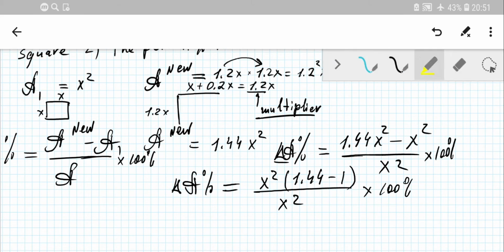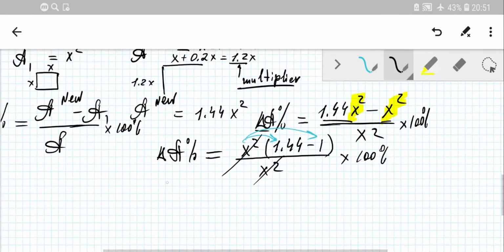Because you grabbed x squared, and if you take it away, instead of this expression you get 1.44, and instead of this x squared, it's wrong to think that you've got nothing. No, you've got 1, right? Because you can check yourself by reciprocal multiplication. If you multiply back, you'll get 1.44 x squared minus x squared. That's correct. Now you see that all x squared cancel.